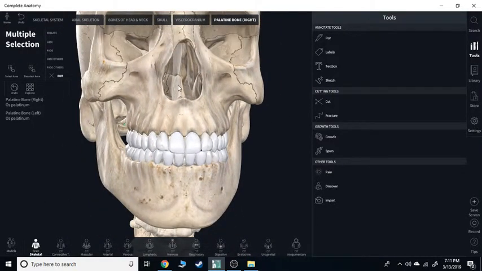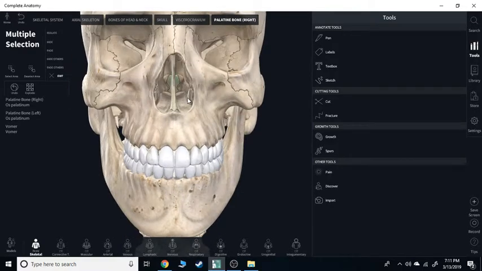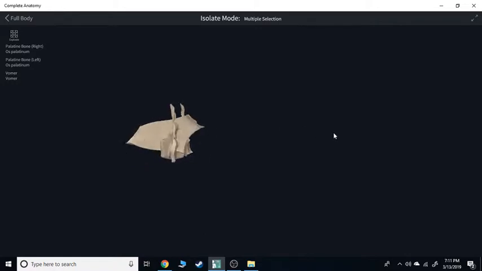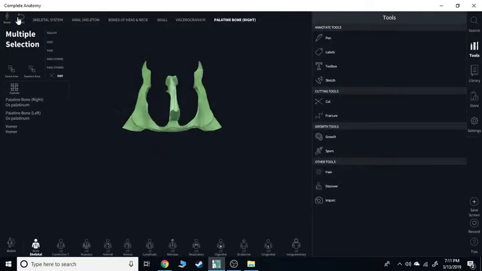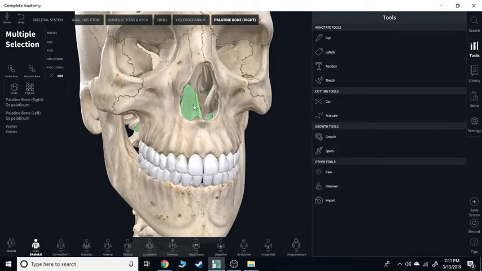Then we have the vomer. Vomer makes the inferior portion of the septum. It's just a little tiny bone. Not really all that crazy. That portion right there that makes up the inferior portion of the septum is called the vertical plate.